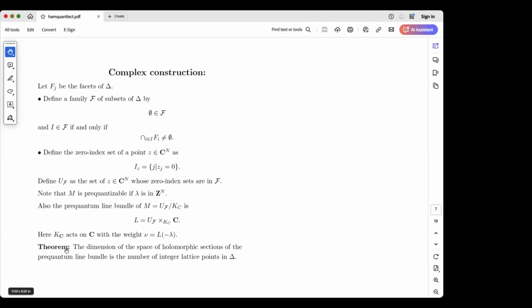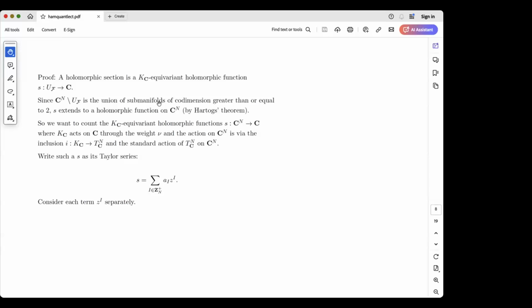So the theorem is that the dimension of the space of holomorphic sections of the prequantum line bundle is the number of integer lattice points in the polytope delta. So to see this, a holomorphic section is a K_C invariant holomorphic function, I'll call it S, from U sub script F to the complex numbers.